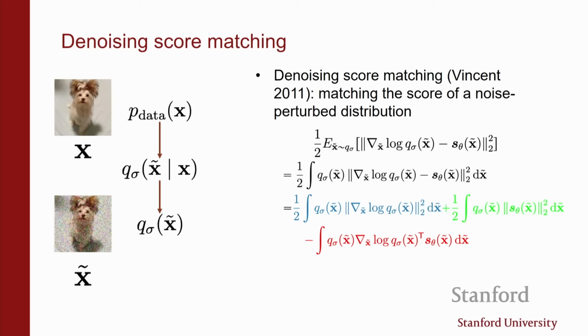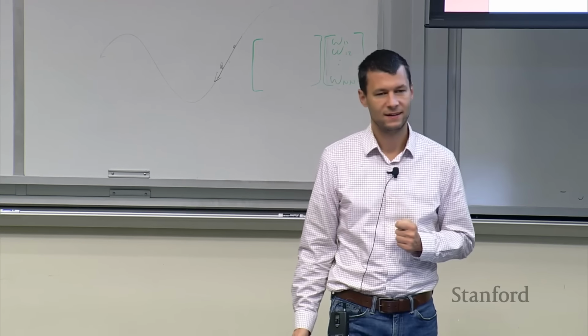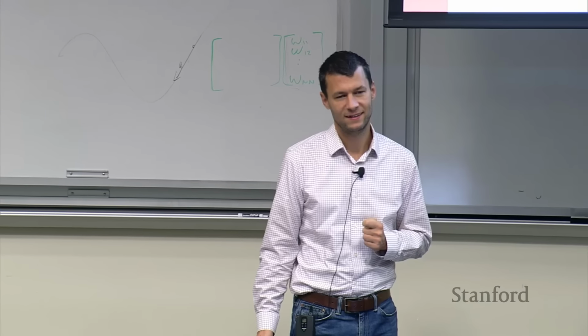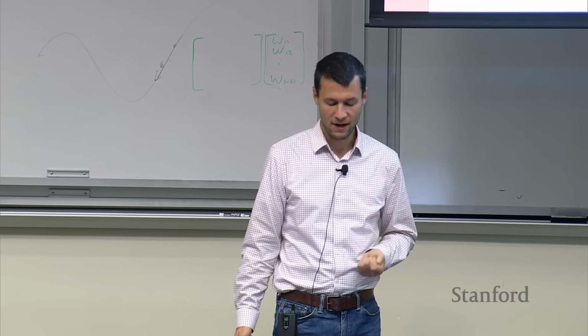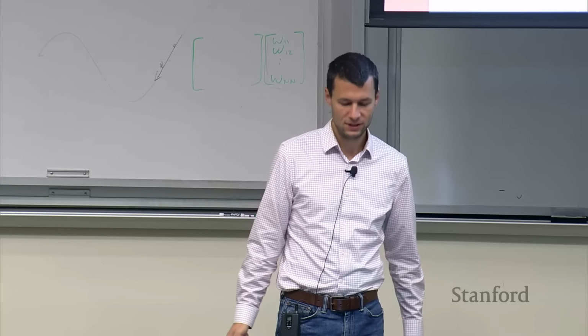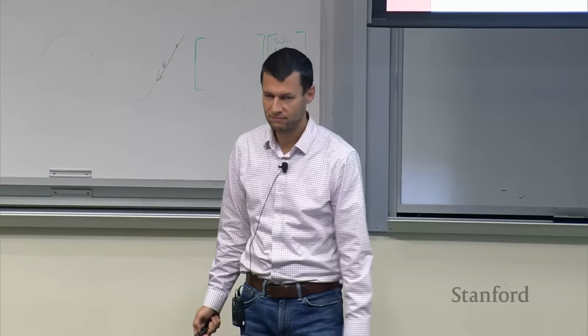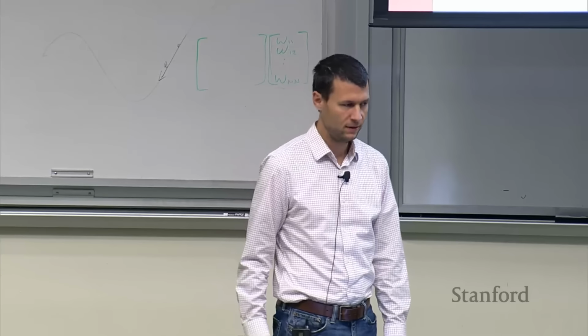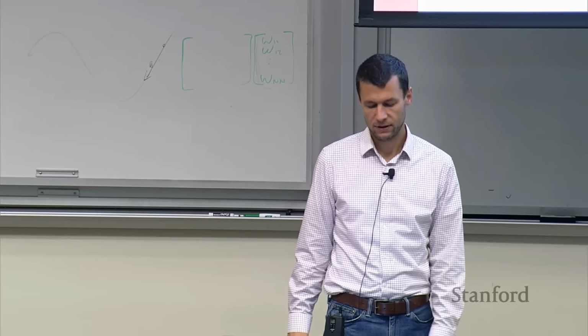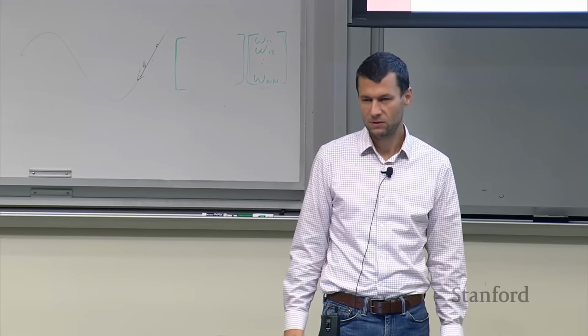Wouldn't that gradient somehow still depend on the gradient with respect to x? Yeah, it looks like it does, but we'll see that it actually simplifies to something pretty intuitive and very simple. It's going to reduce this problem to denoising.